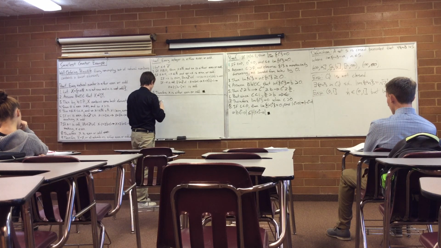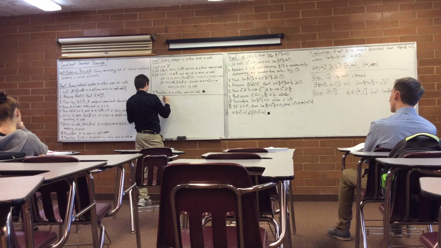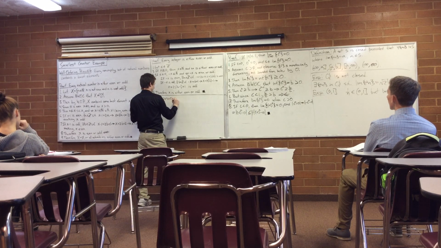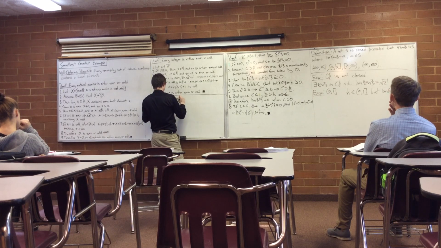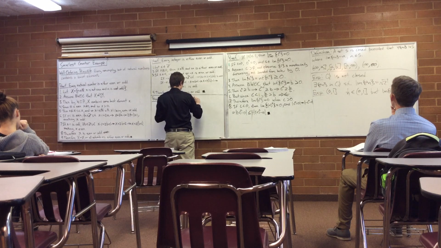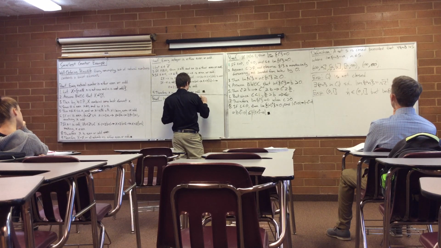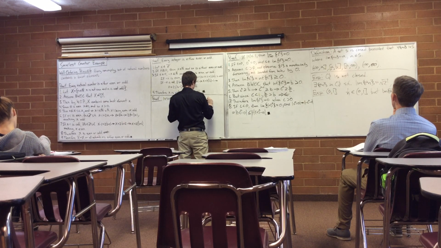So, in short, what we're saying is 1 plus 3 plus 5 plus ... plus 2n minus 1 is equal to n squared, or, a better way to write it, the sum from k equals 1 to n of 2k minus 1 is equal to n squared.